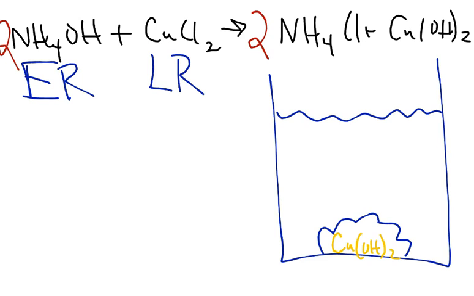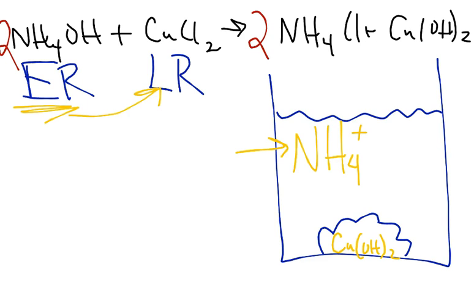The largest substance will be the soluble half of the excess reactant, so that would be NH4. So that will be present in the largest concentration. Once again, because it's excess, which means there's more of it than the limiting. And it's not part of the precipitate, so it's the most abundant.